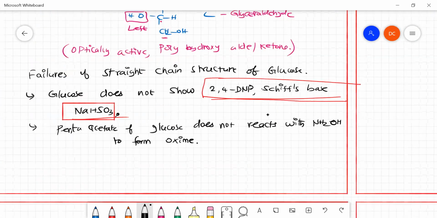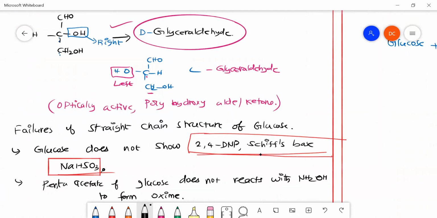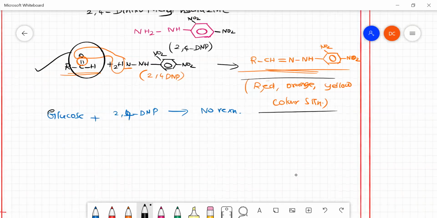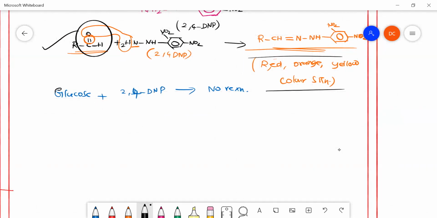Here he gave the structure as CHO. Glucose has a CHO structure, but even so it does not show any 2,4 DNP test. Why? Because the aldehyde group will not be in the free state. Is that clear?